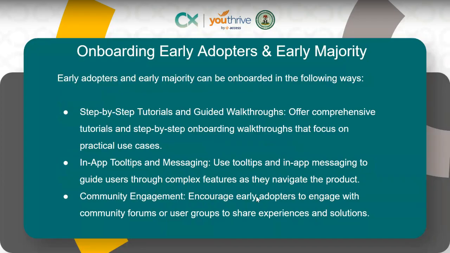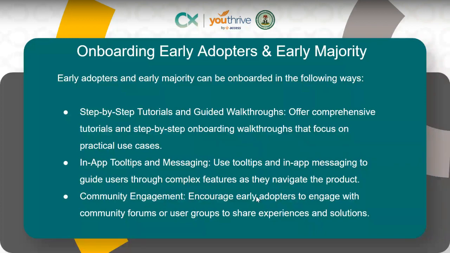All right. So I wrote here that early adopters and majority can be onboarded in the following ways. First of all, you look at step-by-step tutorials and guided walkthroughs. You provide them that. You provide in-app tooltips and messaging. Maybe put tooltips on a couple of things so that they can understand what each thing is.